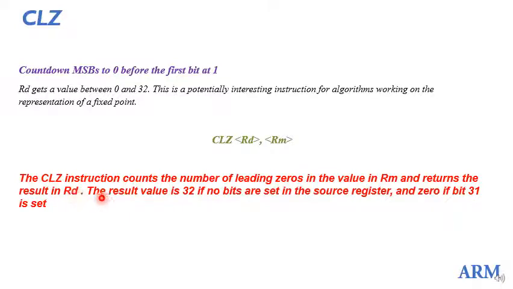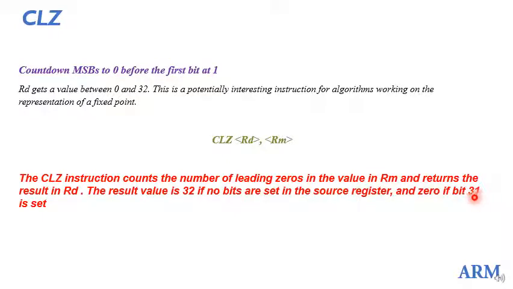The value will be 32 if no bits are set in the source register. That is, if the source register is 0, there will be 32 zeros. So the destination register will get the number 32, because the source register value is 0 only.